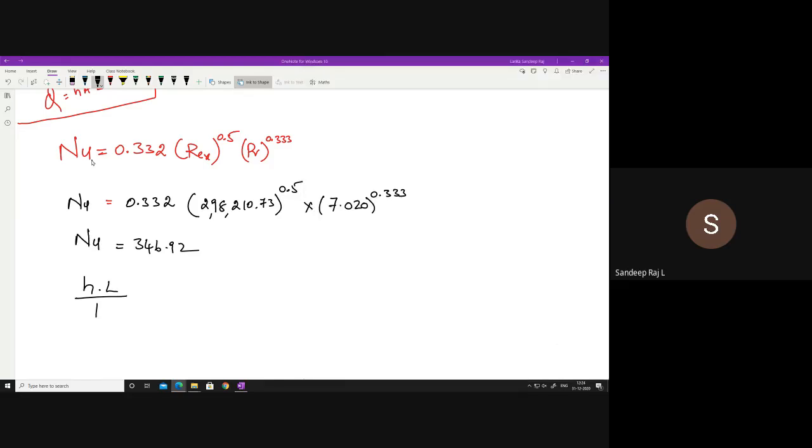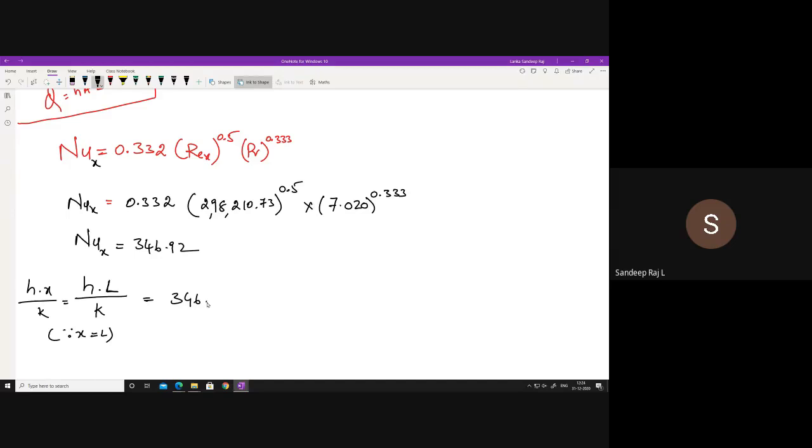NUX means you have to put the appropriate X here, which is equal to L. So I put Nu is equal to HL by K. That is what the subscript means: HX by K, but X is equal to L here. Let me write that Hx by K also here. Since X is equal to L, we will be doing it like this.